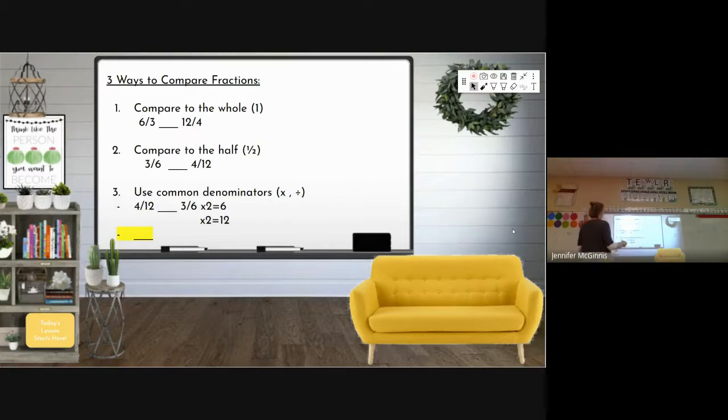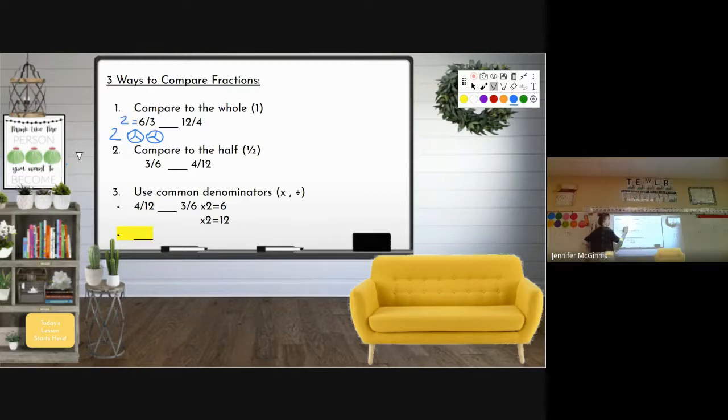So how many whole pieces do I have here? 1 whole. 1, 2, 3. 1 whole. 4, 5, 6. 2 whole things, right? So 6/3 is the same as 2 whole things.